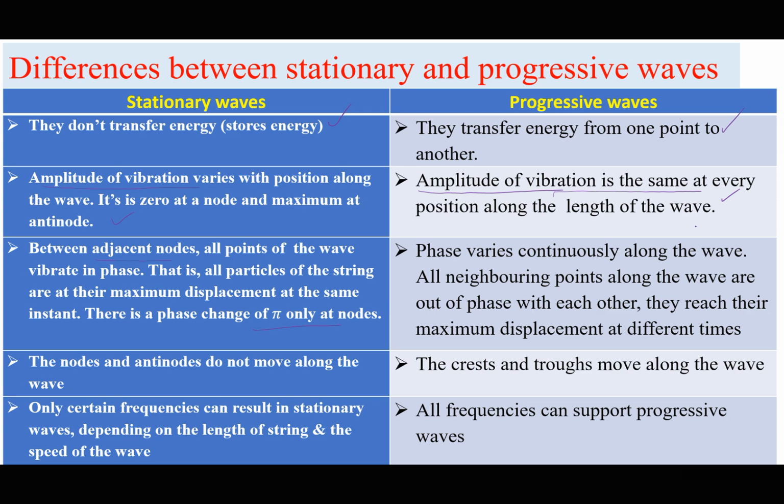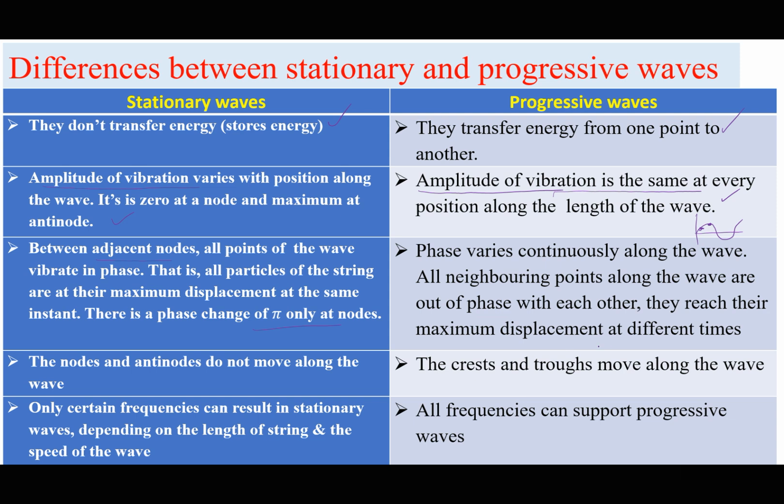two neighboring particles along the wave, a particle here and the next particle, two adjacent particles, can never be in phase because they will not always be at the same stage in their motion. So here, phase varies continuously along the wave. All neighboring particles or all neighboring points along the wave are out of phase with each other.